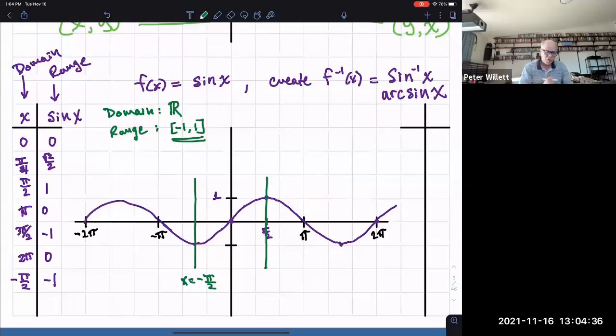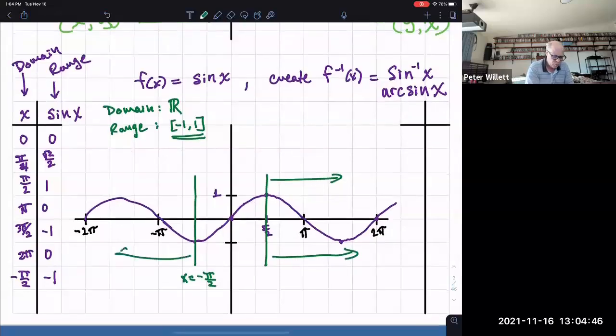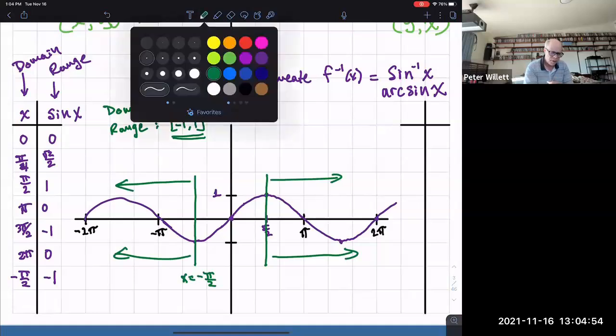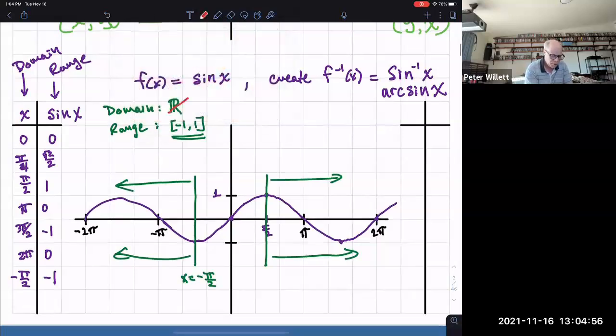And so what we are going to do is to create an inverse for the sine function. We are going to eliminate everything outside of that range. We're not going to consider any of those values. We're going to restrict the domain of the sine function and only go between -π/2 to +π/2.